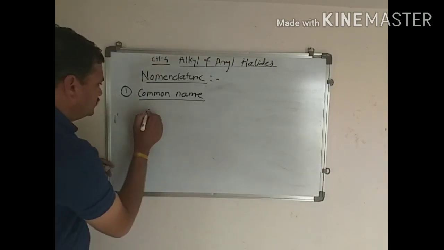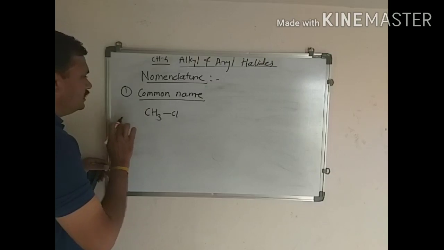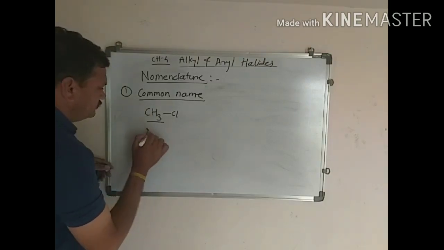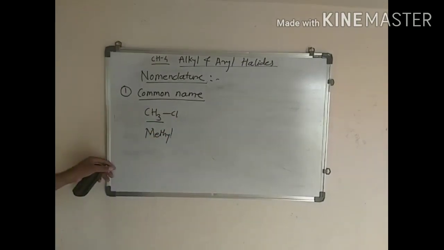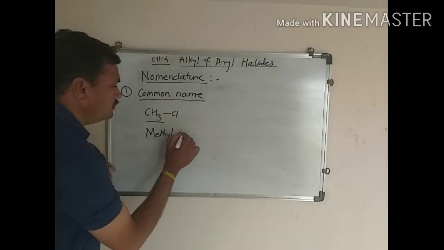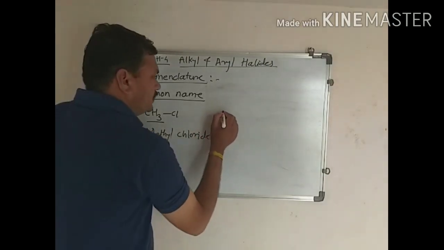That means for this CH3Cl, the alkyl part is methyl and the halogen is chlorine. Therefore, it is methyl chloride.